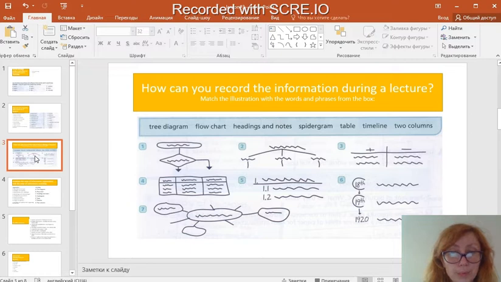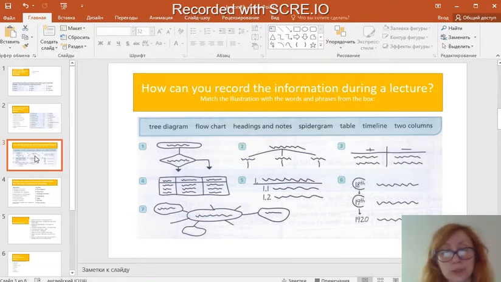That looks like the number 1 picture. Headings and notes. When you have a lecture, it is very often organized like headings and notes, and I guess that would be very convenient to put down that information. Can you find that here? So that would be number 5.